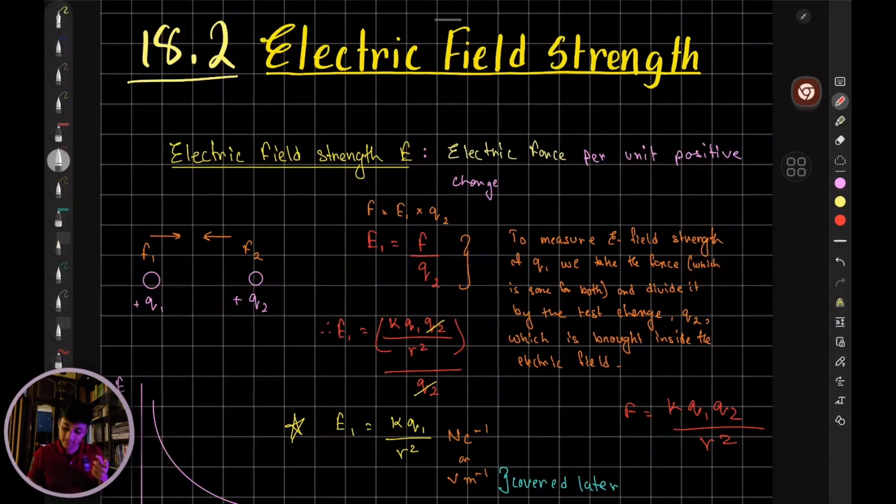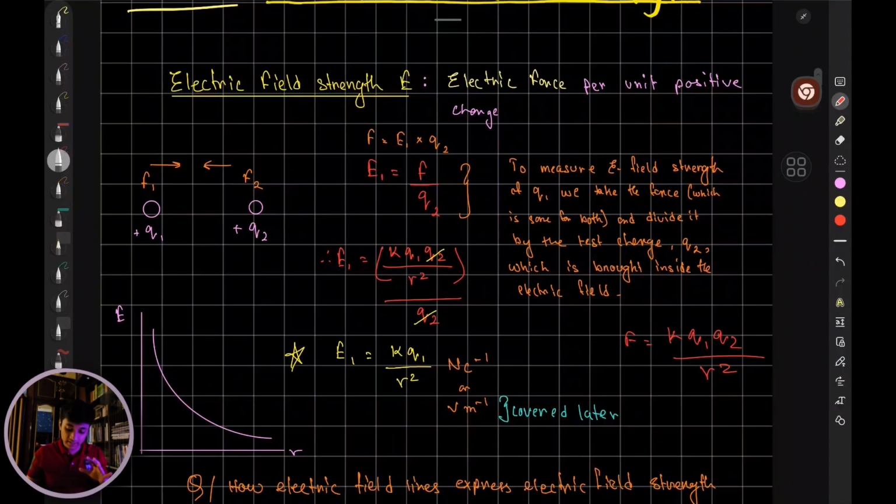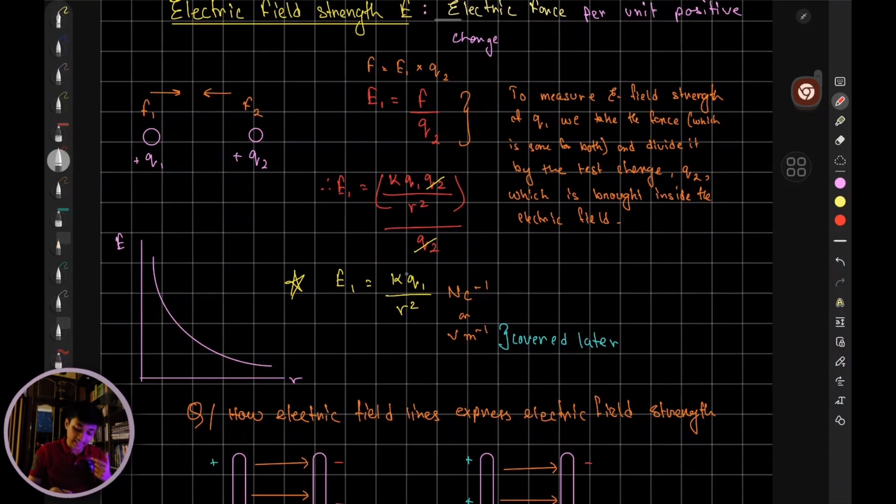So you simply plug that in over here instead of the force, and you keep Q2 as it is, the test charge that is brought under the electric field. Great. If you divide both, you're going to notice that the charges cancel out, and you're left with K, the constant, Q1 divided by R squared.